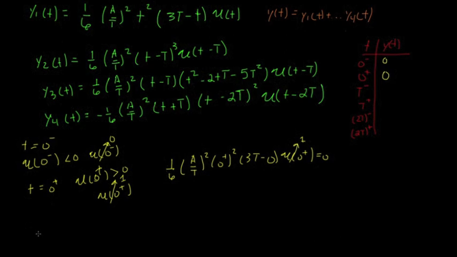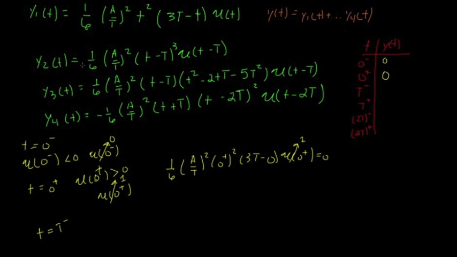So now let's do t is equal to capital T minus. At capital T minus, we know that u of t minus is greater than 0, so y1 is on.